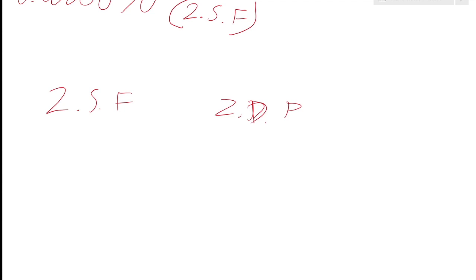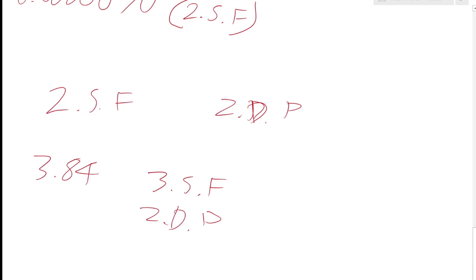So if I had, for example, the number 3.84, that is to 3 significant figures because I've got 3 non-zero digits, but it's to 2 decimal places because I've got 2 numbers after the decimal point.